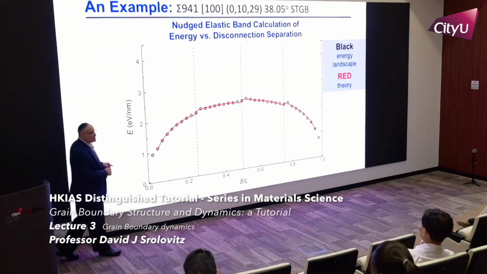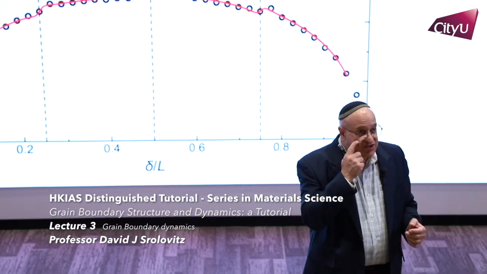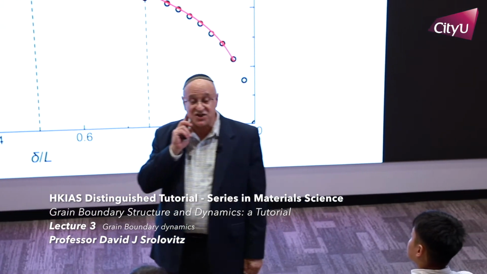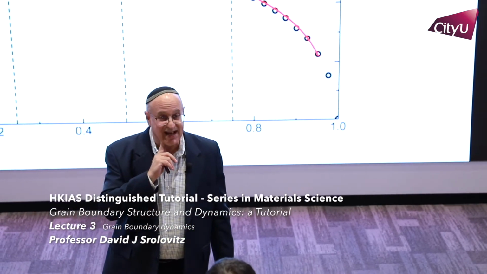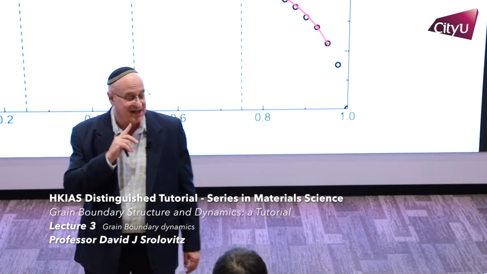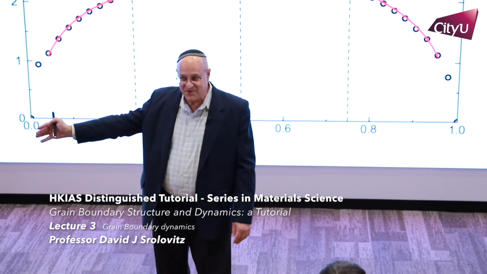Okay, so the point is everything here we can calculate. I know how much the energy is, I know what the energy to separate is, and now I can start addressing the question of how easy it is to form these and how easy it is to move these. I care about that because the way the grain boundary is going to move depends on the ease with which I form and move these.